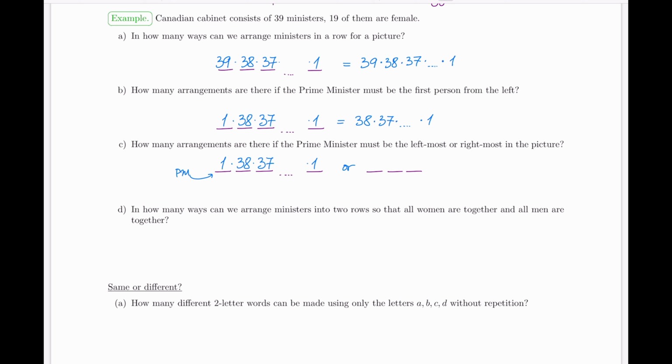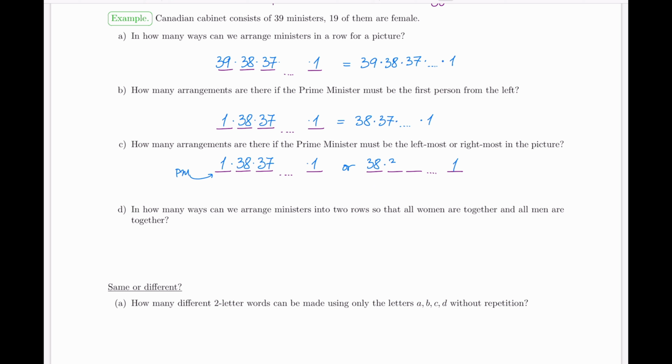So let's redraw it though from the beginning. So he will be the rightmost person. So the rightmost space doesn't have a choice. There's going to be exactly one choice for it here because it has to be the prime minister. Once we've placed him, we can start from left to right. So the number of people that can go into this spot is now 39 original ministers minus one that I've already placed, so 38.